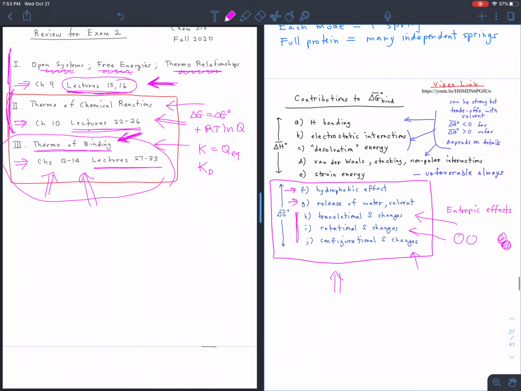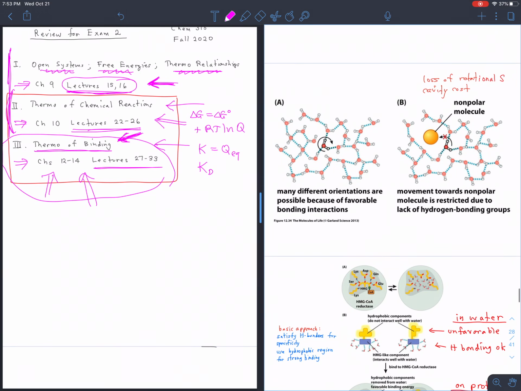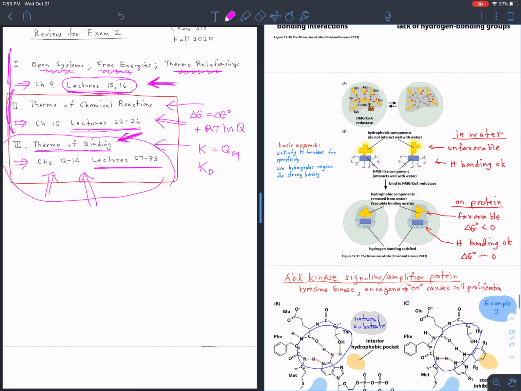We spent a lot of time talking about the hydrophobic effect. I won't go over it much here. In fact, I'll skip a lot of this stuff because we've gone over it so extensively already. But it's the effect caused by the fact that if you've got a hydrophobic surface, then the water molecules can only hydrogen bond to other water molecules. This hydrophobic surface doesn't have any hydrogen bonding opportunities, and that constrains the rotational freedom of the water molecules near the hydrophobic surface.